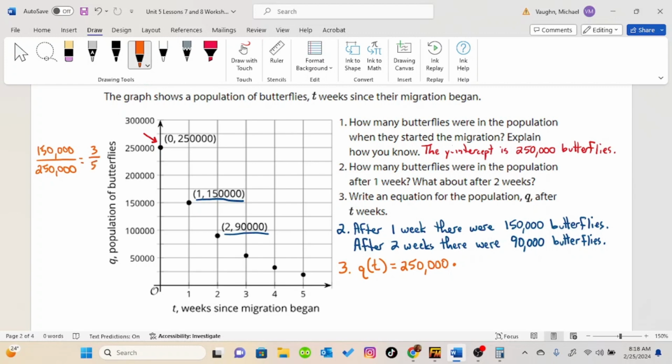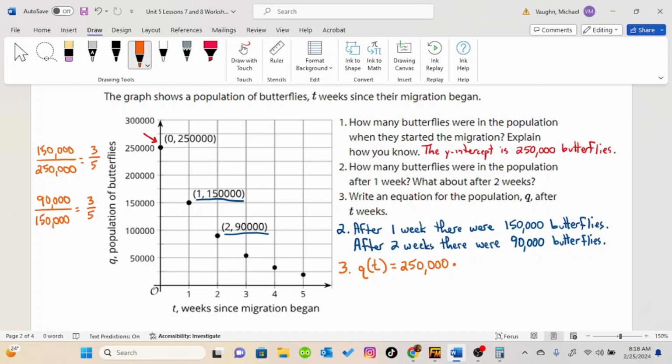3/5. And if we wanted to check this, we could even choose the next 2 points and say 90,000 divided by 150,000, and that also equals 3/5.